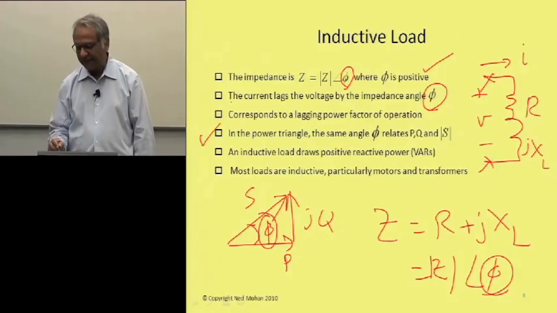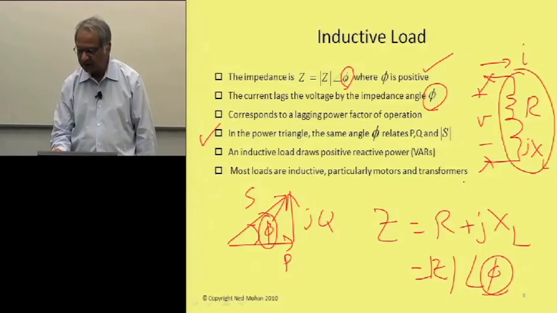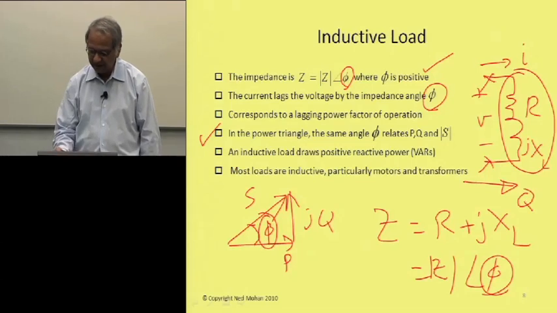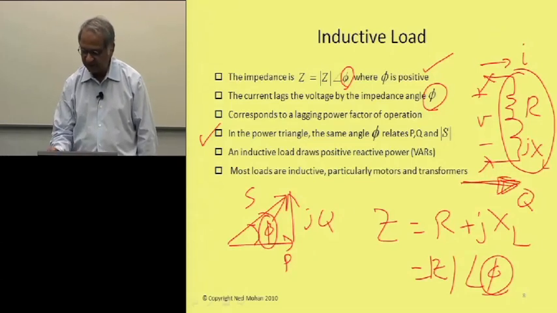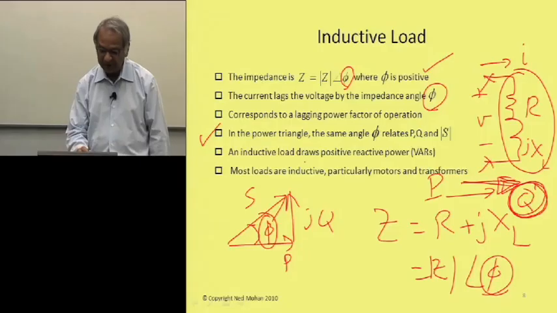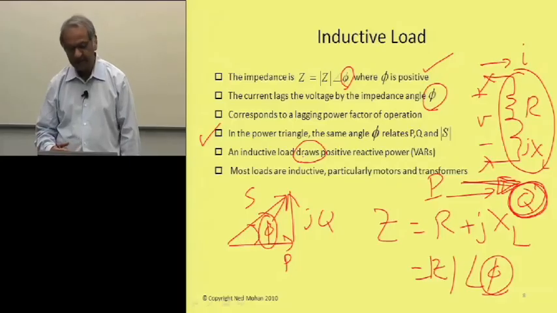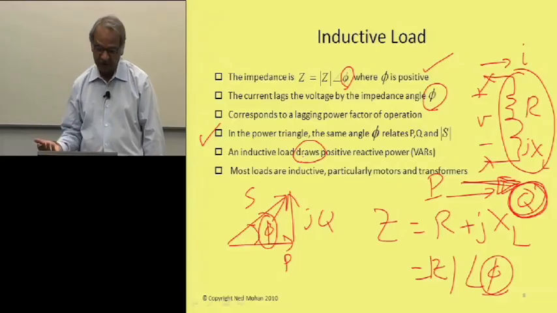We say that this RL load draws reactive power. So the Q being drawn here is positive. This load would draw P as well as Q, and it's drawing positive reactive power. Please note the expression: draws reactive power. Most of these loads are inductive, particularly motors and transformers.